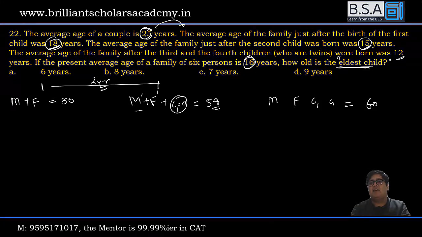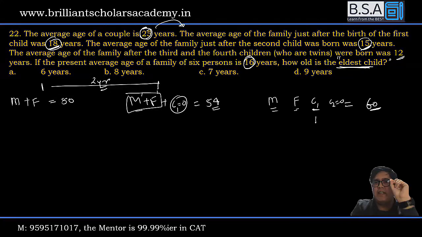Can I say abhi filal child 2 ka age 0 hai? So what is this 60? It is the age of mother, father and child. Sunna. Can I say at this age, the total value was 54. जितना एज चाइल्ड 1 का बढ़ेगा, उतना इन दोनों का बढ़ेगा. अगर इनका एज 2 इयर्स है तो इनका +2 बढ़ेगा. इनका एज 3 है तो इनका +3 बढ़ेगा. तो from 54 how much is the increment? 6 is the increment. That means इनका एज +2 बढ़ेगा, इनका एज +2 बढ़ेगा, इनका एज +2 बढ़ेगा.